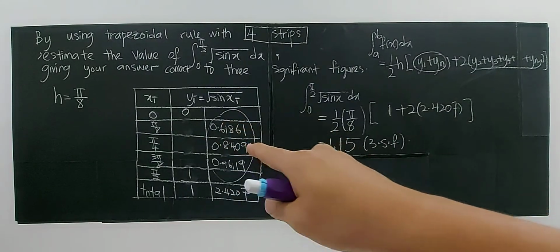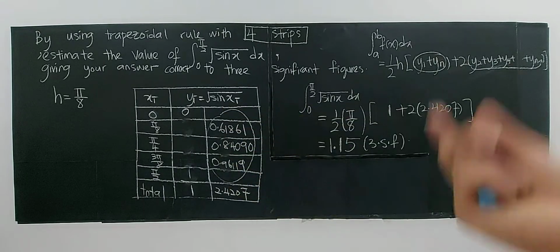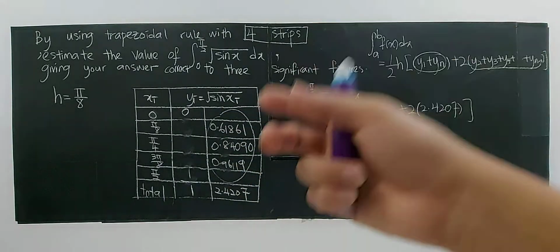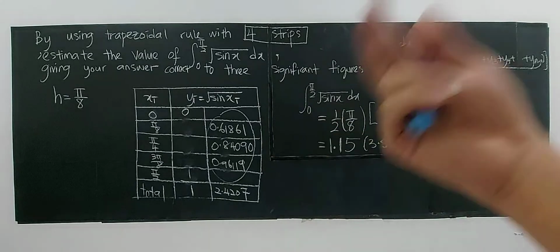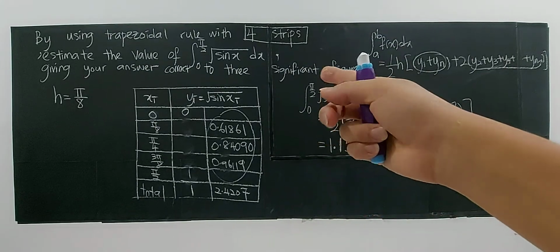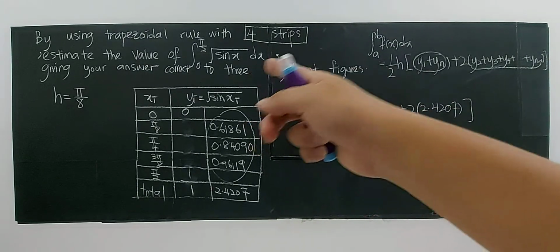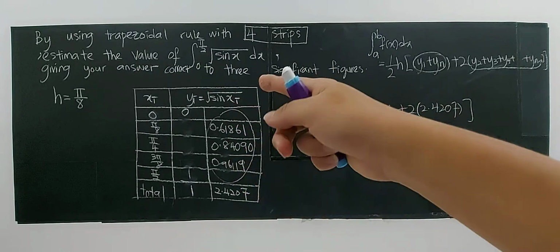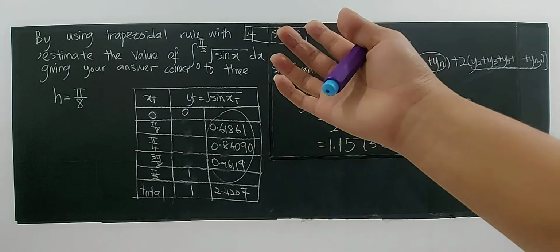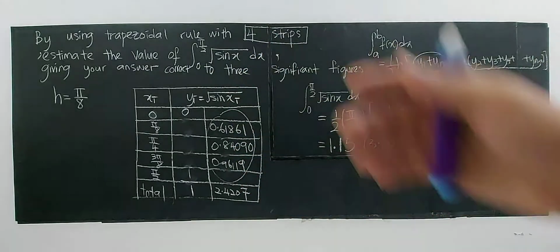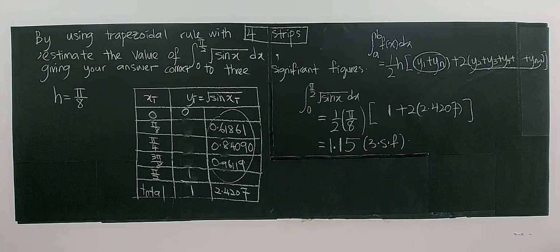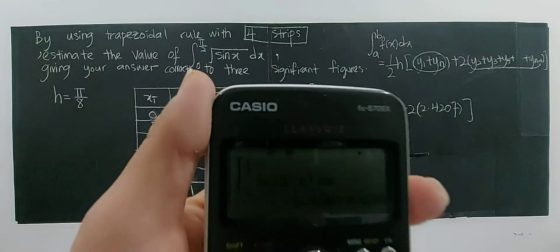As long as you give more decimal places, it will be accurate. As long as you give at least one extra significant figure, maybe 4, 5, or 6 significant figures in your table, it is okay.